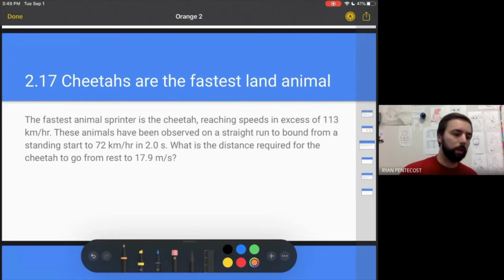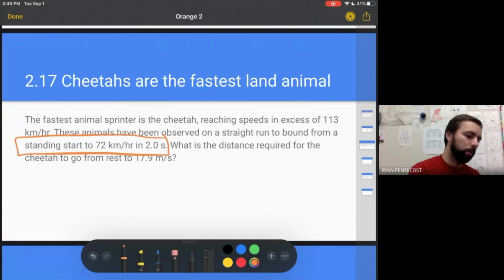So this cheetah, we have this data where we can find the acceleration, right? So we've got 2 parts to this problem. Here, part 1. Then here, part 2. Okay? So we'll do part 1 first.